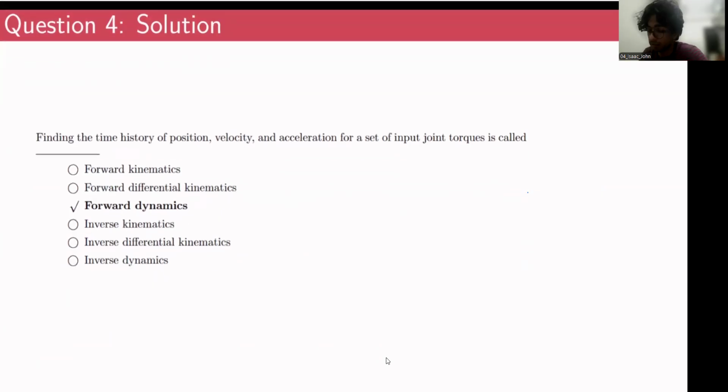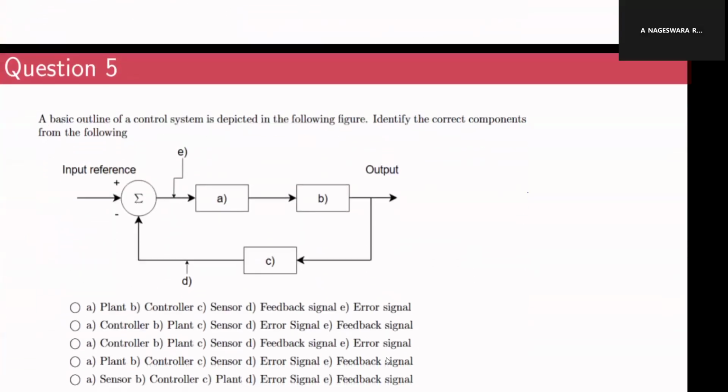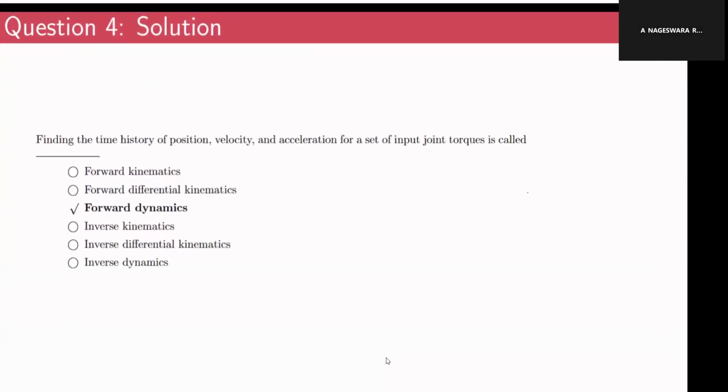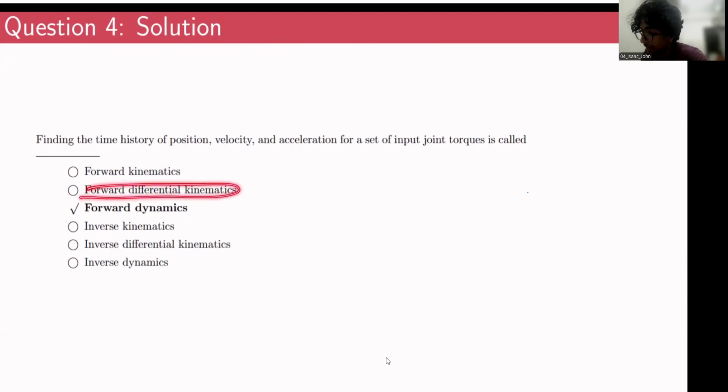I can revisit this question. Differential, sir. Sorry? Yeah, differential. It's not differential, it's forward dynamics. Differential is always at the velocity level, right? Forward differential kinematics and inverse differential kinematics do not deal with the forces. But here in the question, we are dealing with the torques as well, input joint torques also.